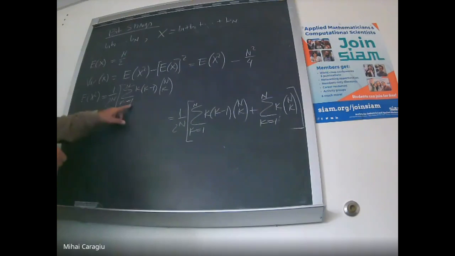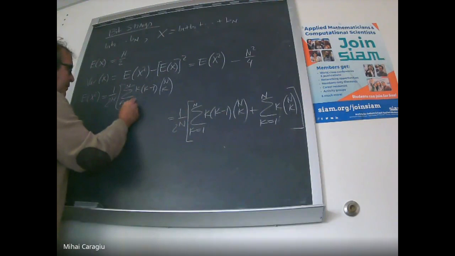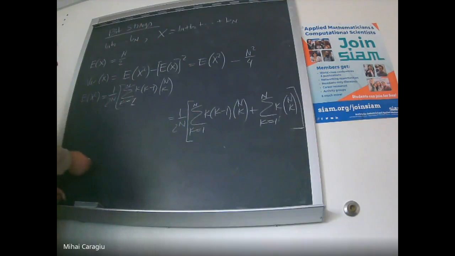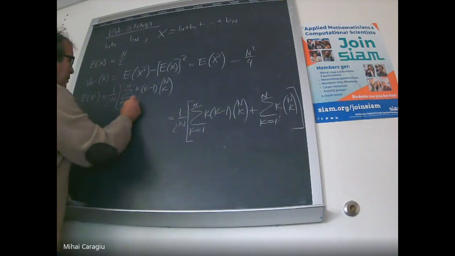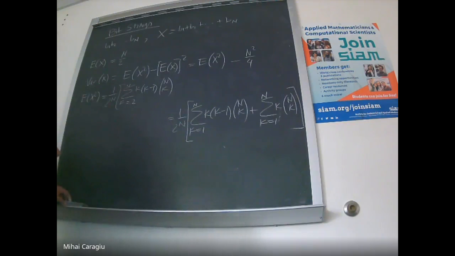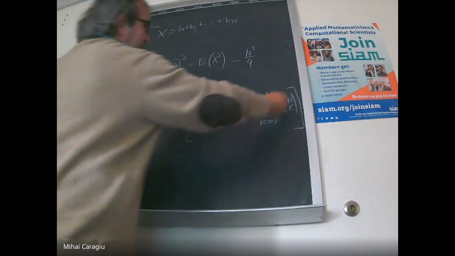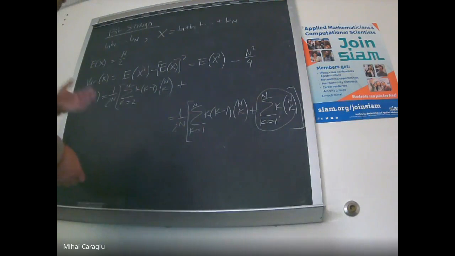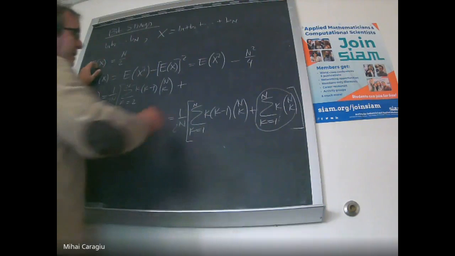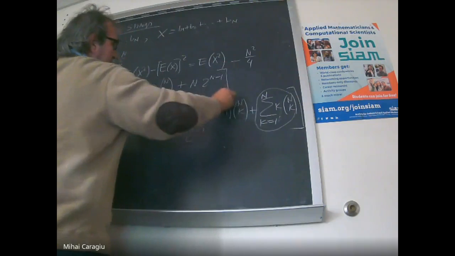By the way, if k equals 1, this is still 0, so we can just as well start the summation from 2. So summation from k equals 2 up to n of k times k minus 1 times n choose k, plus this summation from k equals 1 up to n of k times n choose k, which we calculated before when we did the expectation of x. That was n times 2 to the power n minus 1.